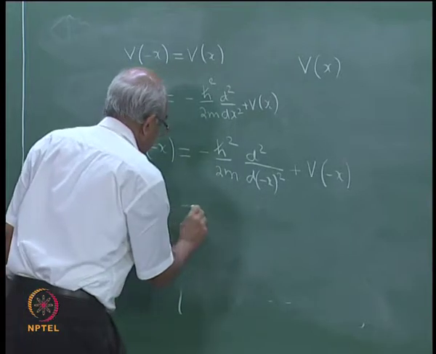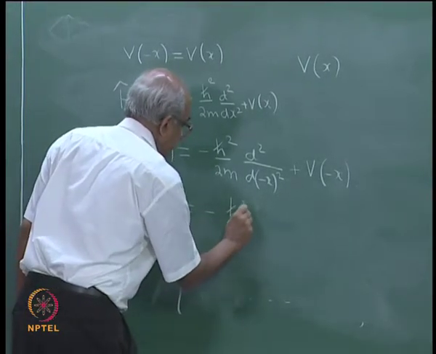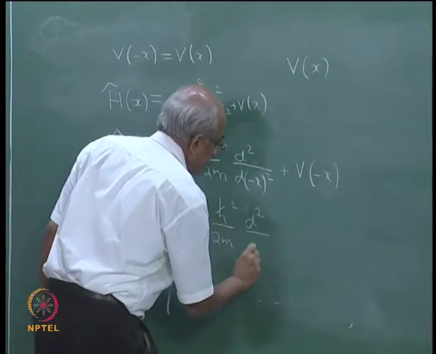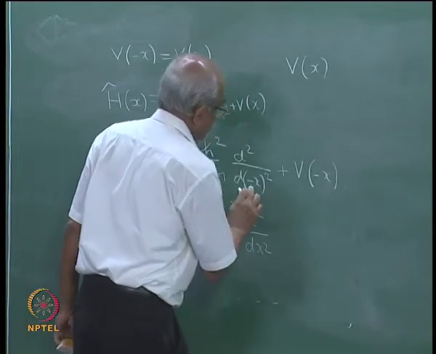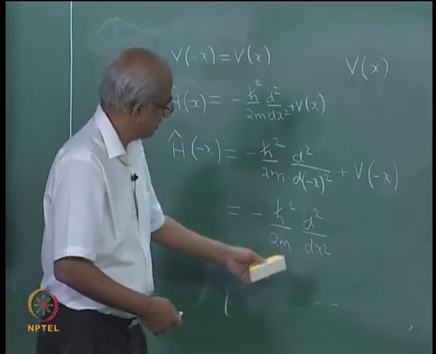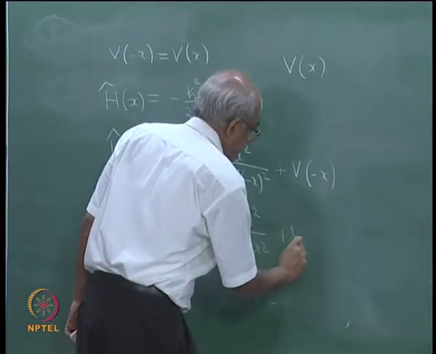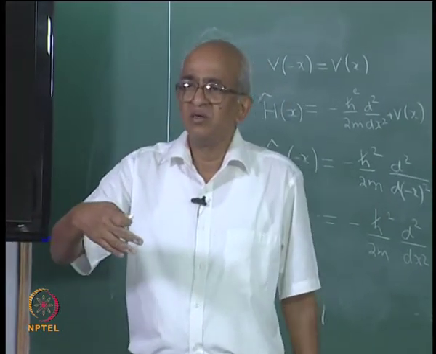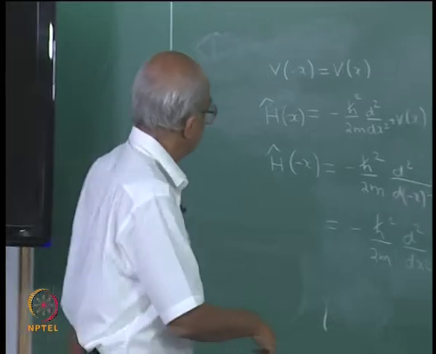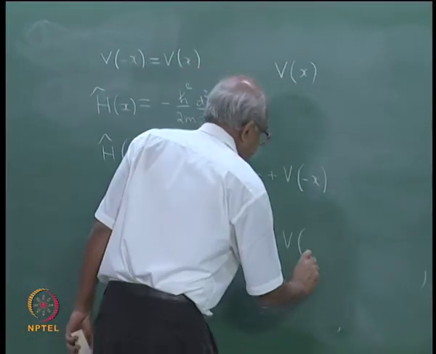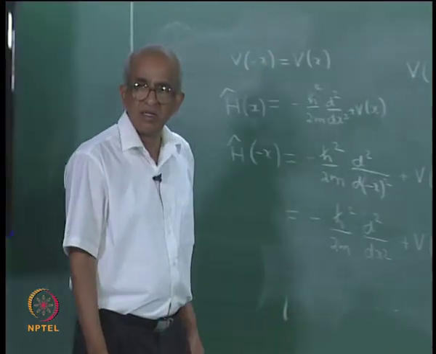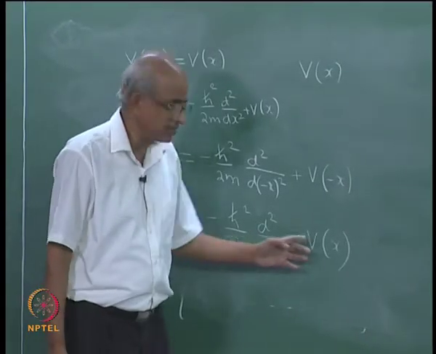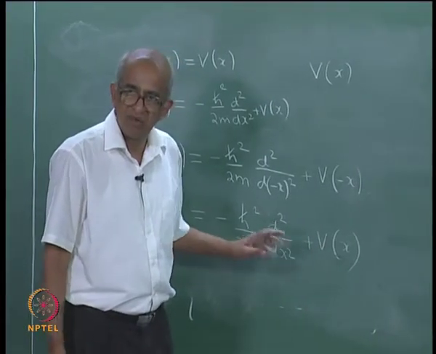And if you look at this, it is minus h cross square divided by 2m d square by dx square, because if you think of d minus x square, it is just dx square, plus v of minus x. But I am assuming that the potential is symmetric, so v of minus x is v of x itself. Therefore, this is just v of x. And what is the whole point? Well, the whole point is that this is nothing but my h of x.